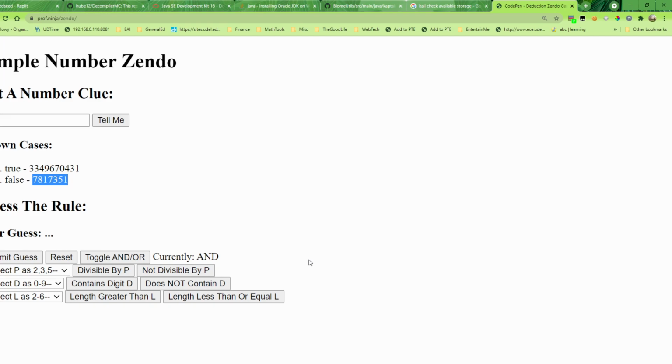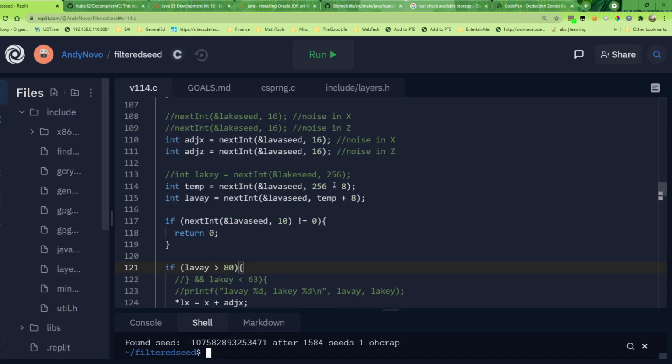So if I allowed three rules and a wider range of things, I could make that infinite case. All right. Anyway, so that's ProfNinja/Zendo. Feel free to never think about it again, or think about it whenever you want.